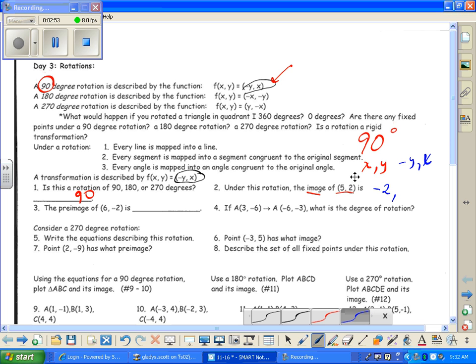And we have transposed the 5, which was in the x, to the y. So in other words, I'm just switching it just like it says in the rule for 90-degree rotation. That means the sign is negative 2, and the x is 5. So this is the image.